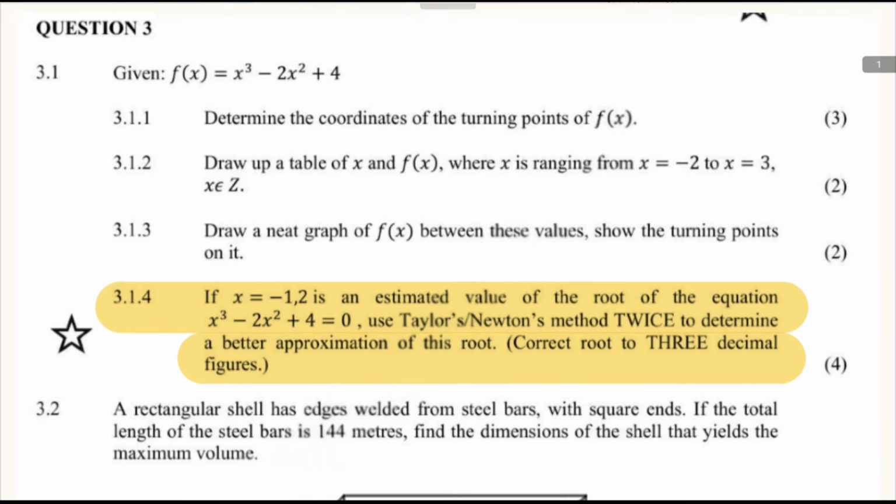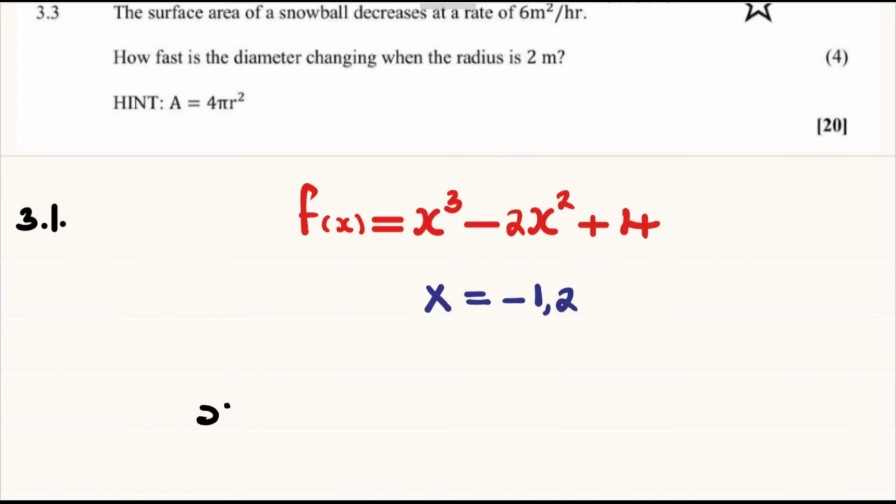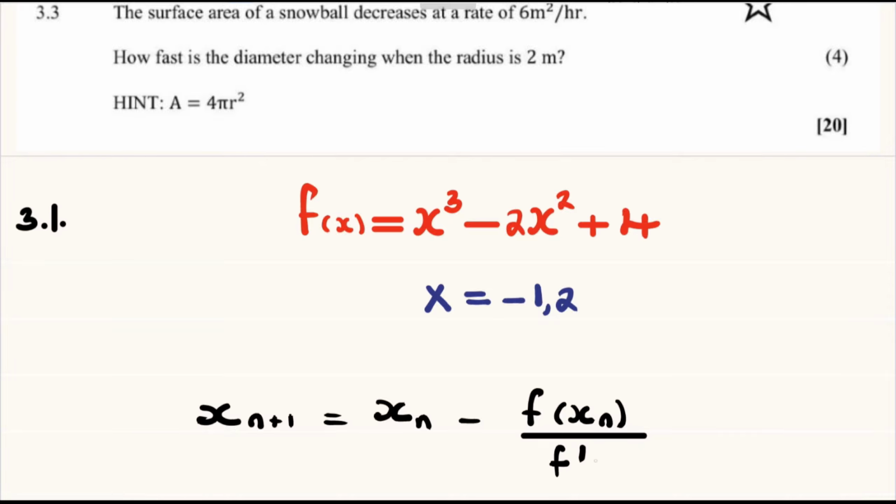From the formula sheet, we have the following formula that we are going to use. So we have x subscript n plus 1 is equal to x subscript n minus f of x subscript n divided by f prime of x subscript n.